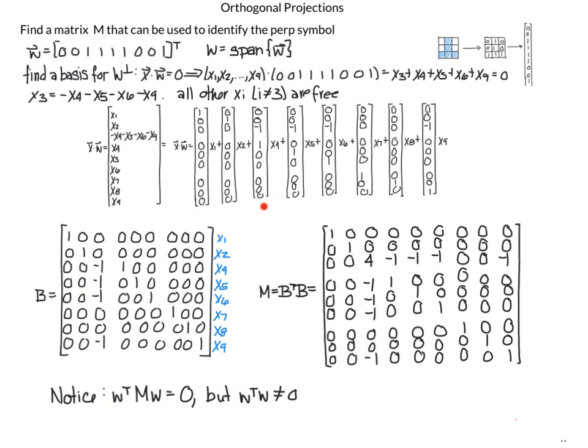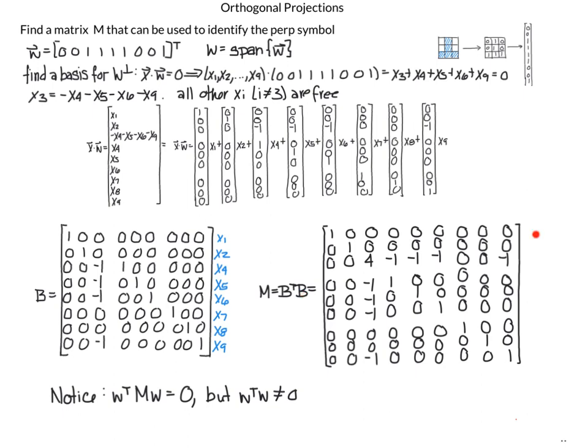My next basis vector has a negative 1 in the third position and a 1 in the fourth position. So that's this, this is x4. You can verify this is x5 transpose, this is x6 transpose, x7 transpose, x8, and x9. I labeled them. And now our matrix M is equal to B transpose B.